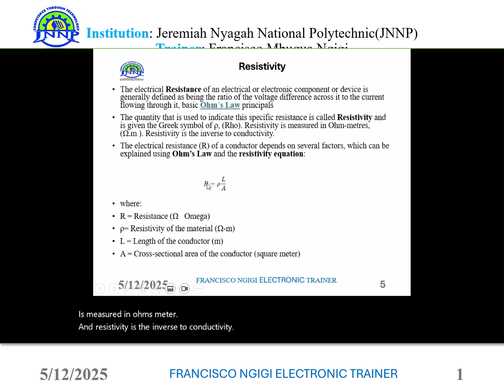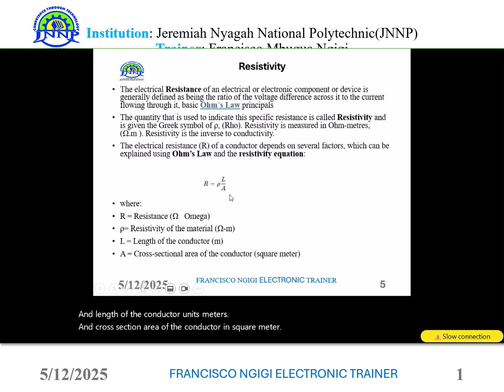Now, we are going to investigate some of the factors that affect resistance. We have this equation R = ρL/A, where R is resistance in ohms, ρ is the resistivity of the material in ohm meters, L is the length of the conductor in meters, and A is the cross-section area of the conductor in square meters.